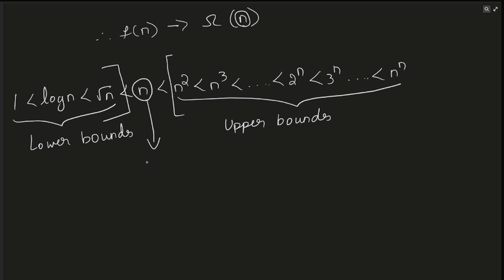And this alone is considered as the average bound, which is both lower bound and upper bound. For the big omega definition, even the time functions log n and root n will hold good, but we always take the highest lower bound. Which is the highest lower bound here? n, right? As we have seen in our example, the highest lower bound is n for the 2n plus 3 function.